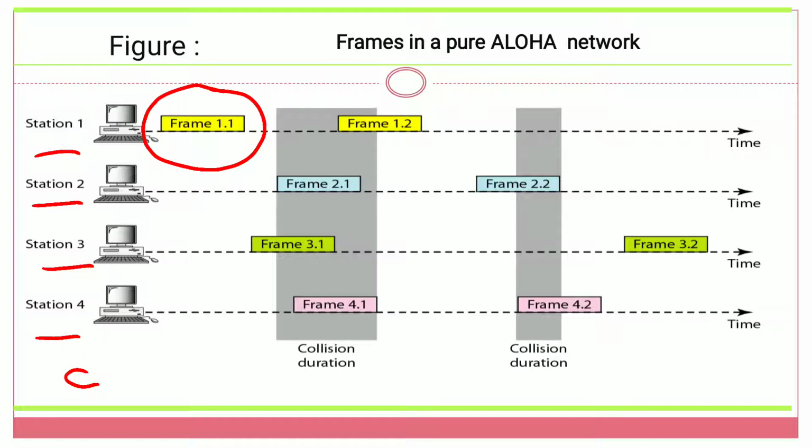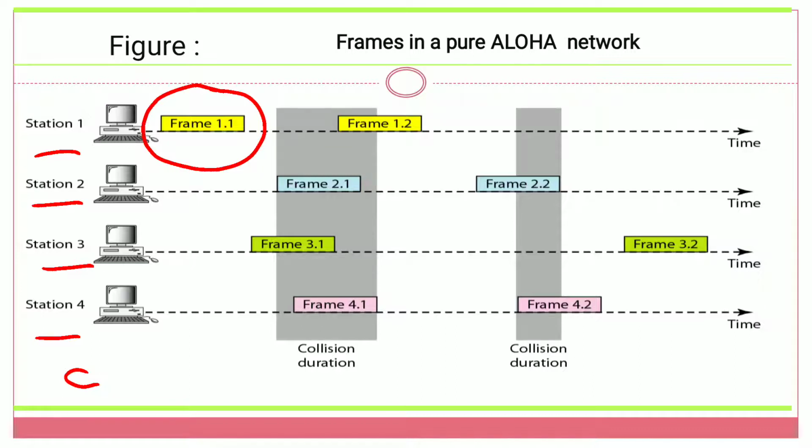At this particular point of time, no other station starts transmitting any frame, so frame 1.1 will not be collided. It will be transmitted successfully.